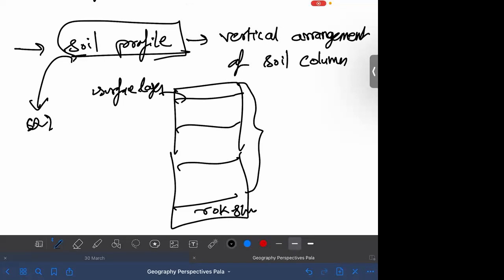Then we'll write a few words about soil. A couple of sentences can be written.